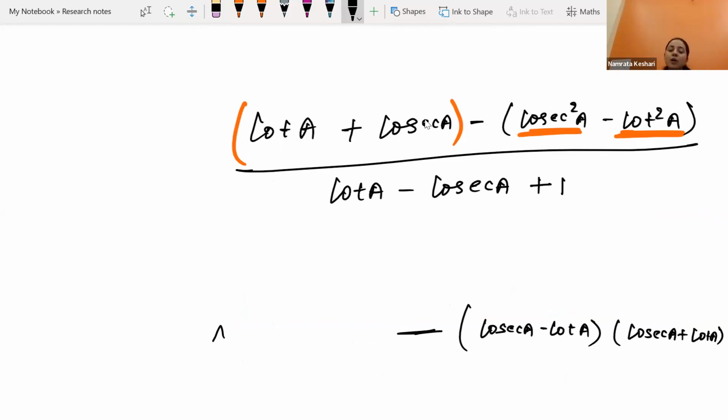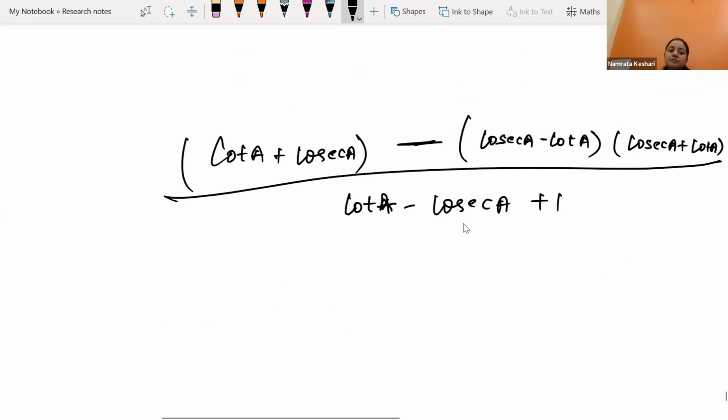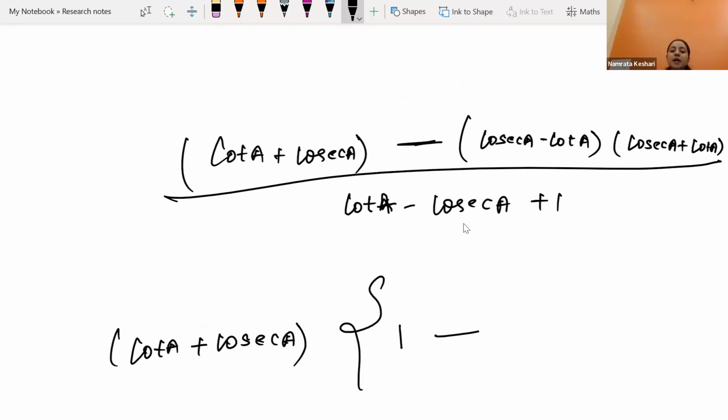Here we already have cot A plus cosec A. We will take out the common cot A plus cosec A, and we are left with 1 minus this bracket, cosec A minus cot A.